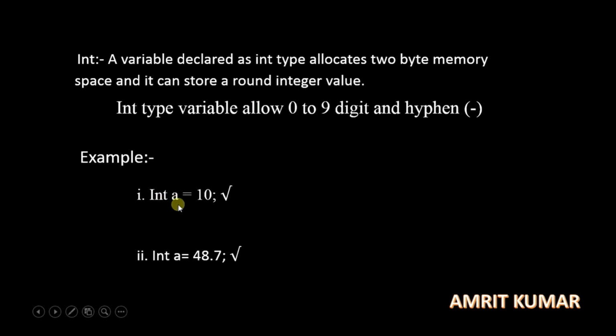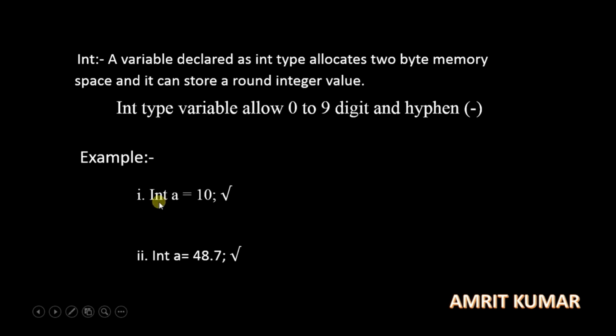RAM is going to allocate memory of int type whose size is 2 bytes. So a is that variable name which is going to allocate memory in the RAM of size 1 plus 1, that is 2 bytes, because the int data type has a size of 2 bytes as we have studied.